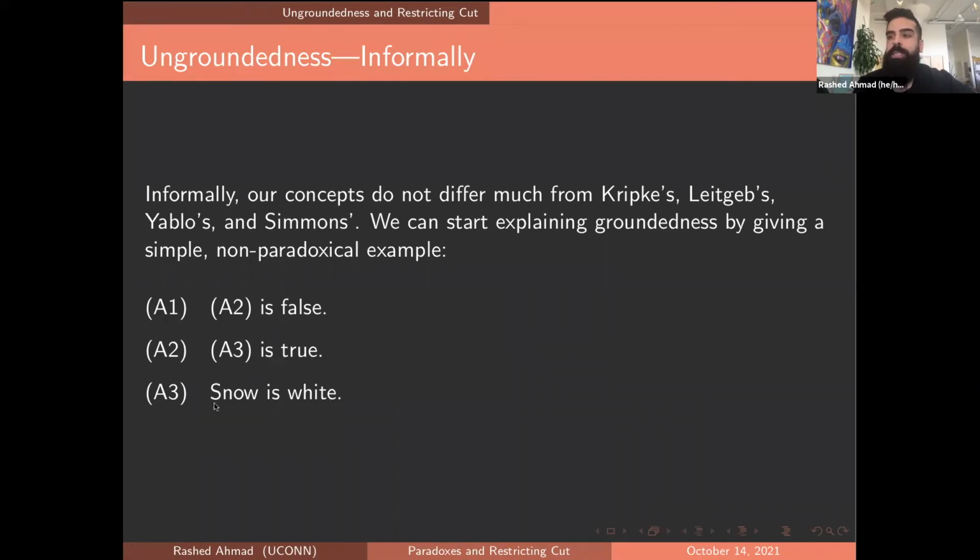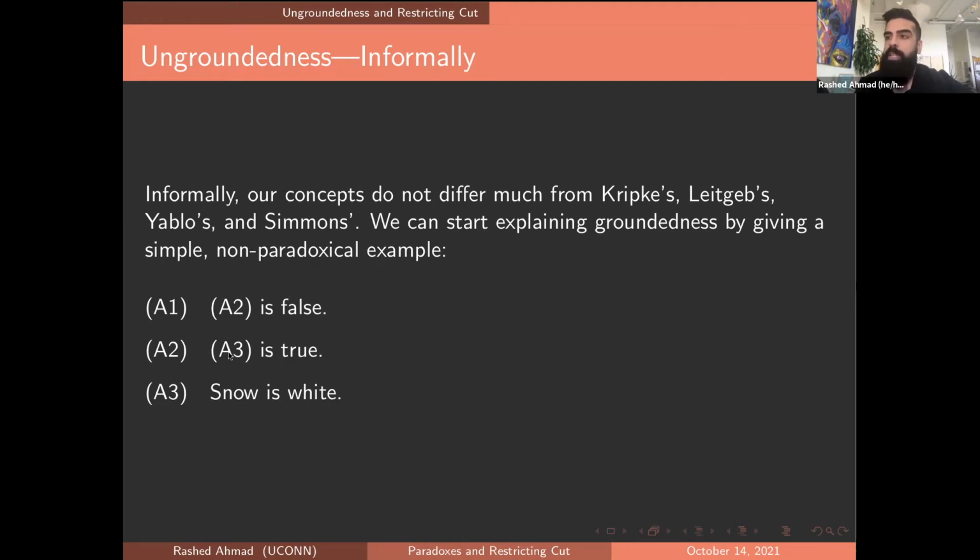And we know snow is white is true. So A3 gets its truth value ascertained. From there, A2 is true and gets its truth value ascertained. And then from there, A1 is false because it's saying A2 is false when it's true. So it also gets its truth value ascertained. So in this instance, this is a grounded example.